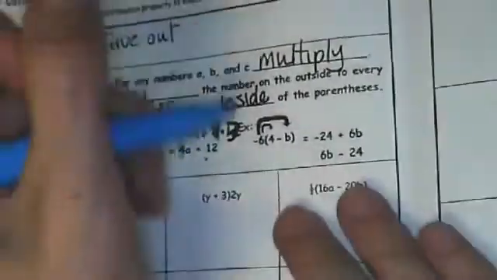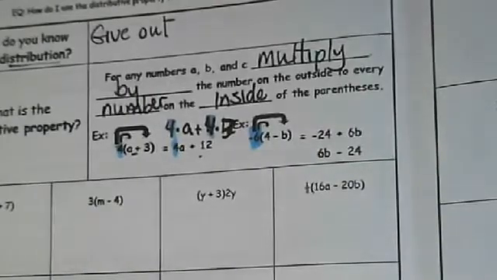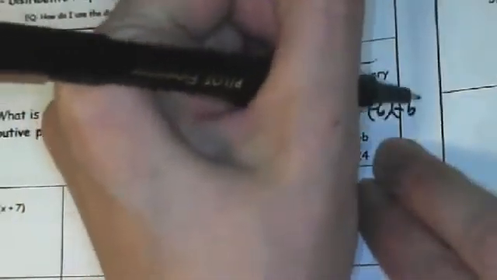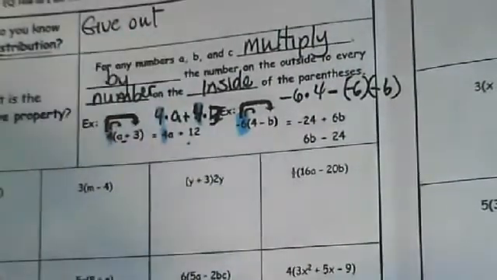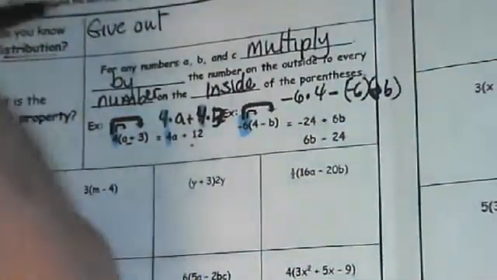So for this example right here, negative 6 is on the outside. So I'm multiplying negative 6 to each term on the inside. So I'm multiplying negative 6 times 4. Here's my minus sign because that's the sign. And then I'm taking negative 6 and I'm multiplying by the b.